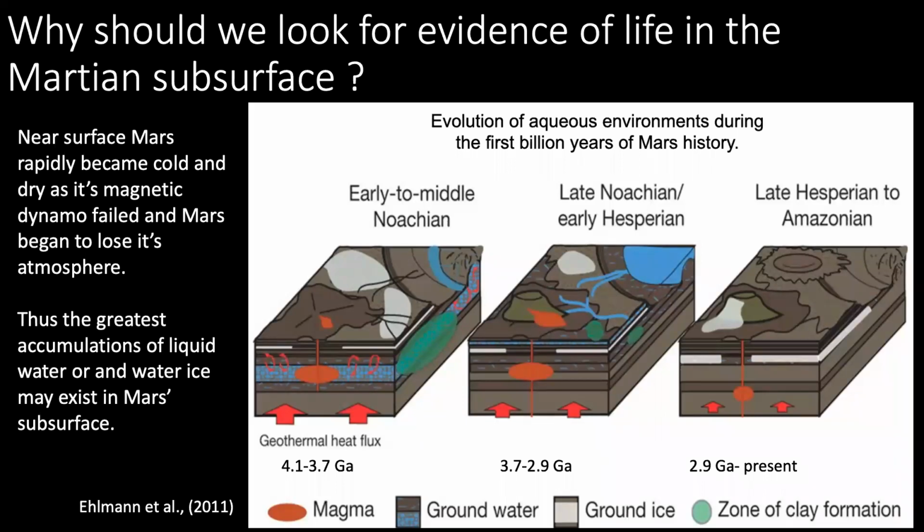As you move forward in Mars's history, as the magnetic dynamo begins to fail and we start losing atmosphere, it starts getting colder and drier. And so more and more of that water gets locked up either at the surface in ice or in the subsurface as ice, with much less of the water in restricted lakes and stream systems and in the subsurface.